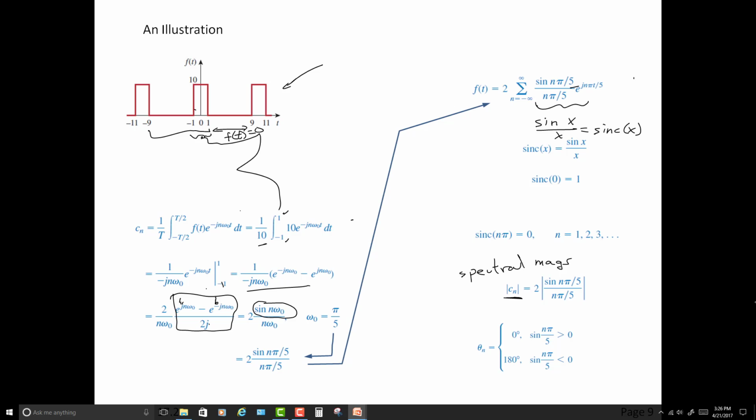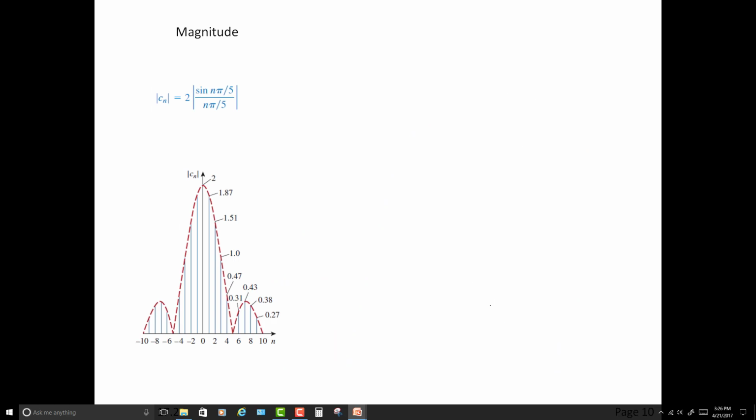So let's look at the magnitude function, in other words, the spectral magnitudes that I just drew down here. There it is repeated. But here's what happens if I plot that. Remember this magnitude thing here now.